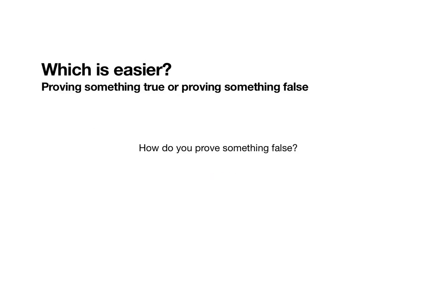Which do we think is easier, proving something true or proving something false? If you prove something true, you have to prove that it is true always in every single case. In order to prove something false, you only have to find one instance where it is false. We call that finding a counterexample. A counterexample makes the hypothesis true and the conclusion false.